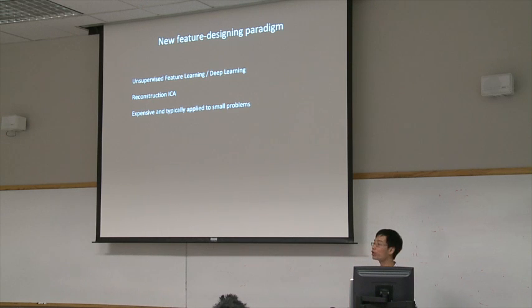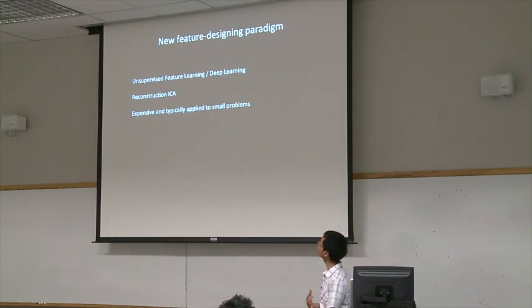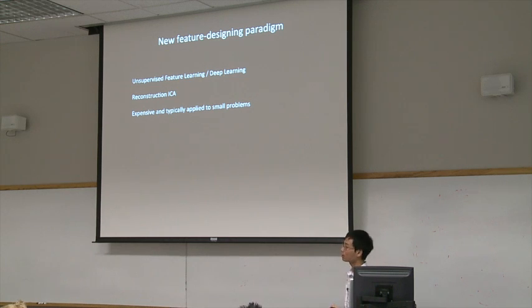And this ambitious dream turns out to reflect a good insight. Recently in machine learning, there's an emergent field to design feature representations, and the field is called unsupervised feature learning. It's also built on the concept of deep learning. I'm going to elaborate on these ideas later.